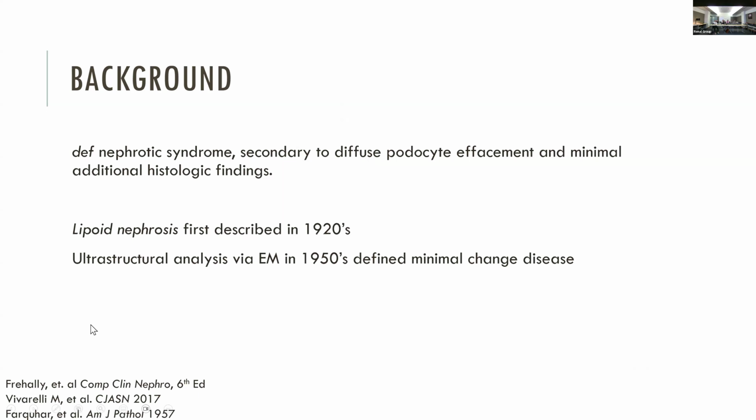So obviously, minimal change is a nephrotic syndrome secondary to diffuse podocyte effacement with minimal additional histologic findings. It was first described in the 1920s as lipoid nephrosis. And when we developed EM in the 1950s, the ultrastructural analysis was able to define minimal change, where you saw that podocyte effacement on EM, but nothing else really.